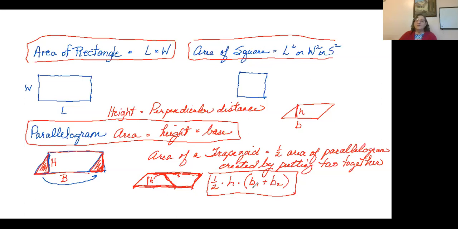You could think of this as the base of one of these. If I drew the parallelogram this way, if you take the two bases and get their average, which would be add the two bases together and divide by 2. So the length would be the average of the bases times the height. And that pretty well covers any kind of four-sided figures.